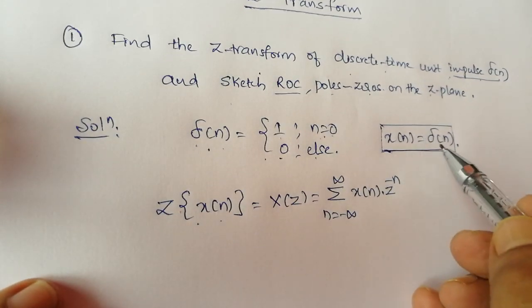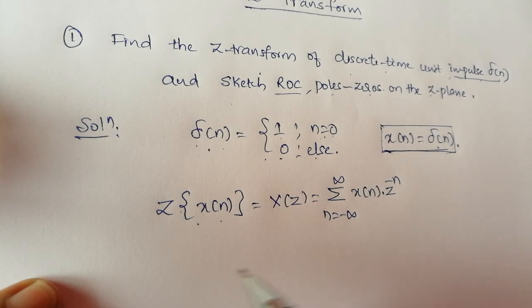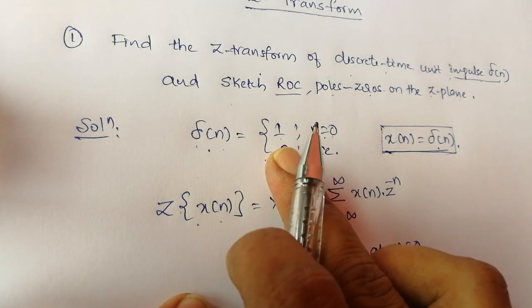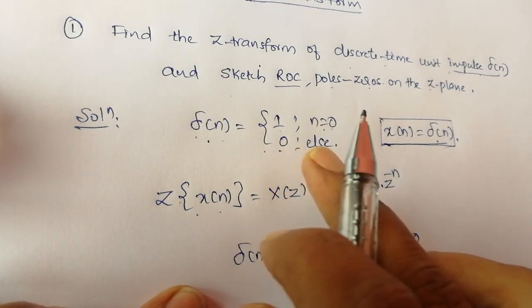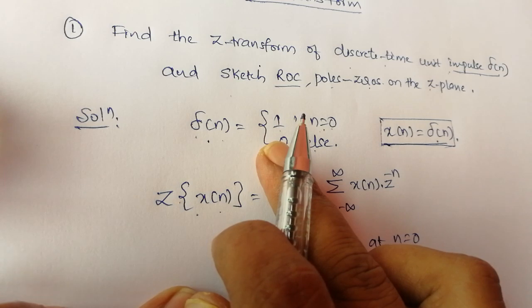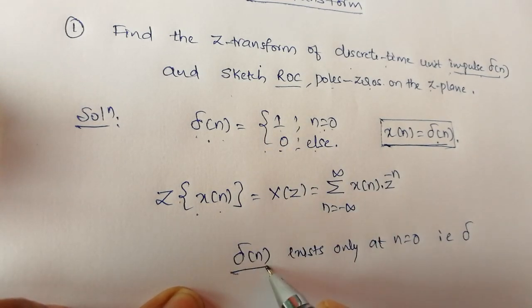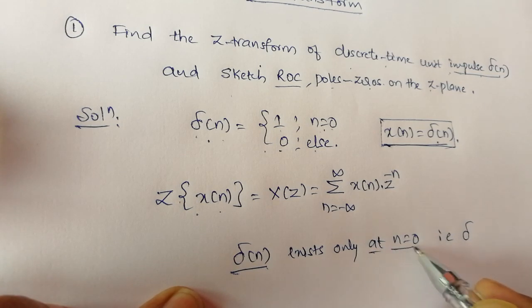Simple thing, delta of n, as we know, exists only at n equal to 0. This statement we are making with the help of the definition of impulse function. So we can write that delta of n exists only at n equal to 0.